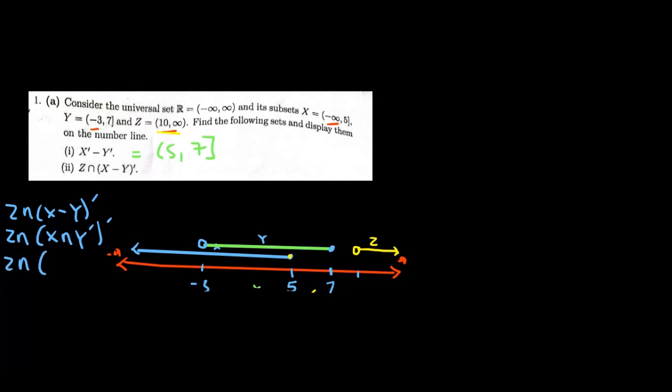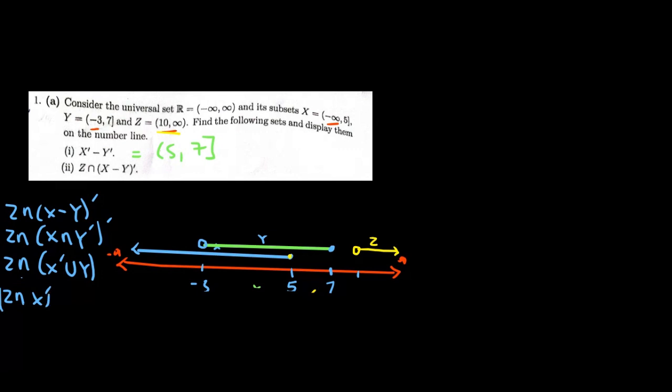So I'll get this. From here I can also distribute my intersection over this. So when I distribute I get Z intersection X complement, union, then Z intersection Y. So I have these two sets here.